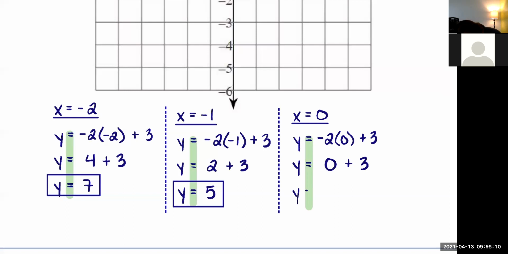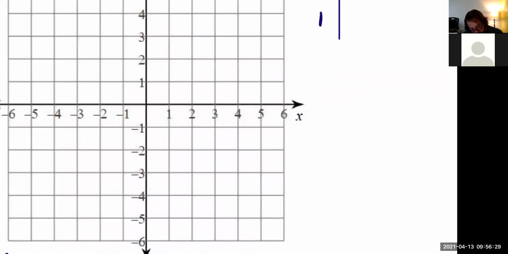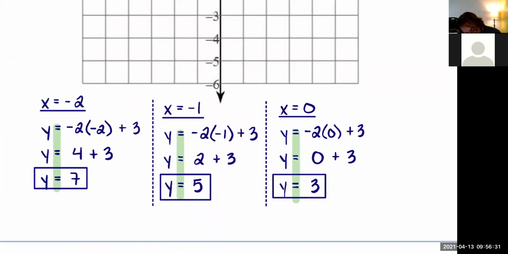And 0 plus 3 gives me 3. So still the same equation. When you plug in a 0, you get a 3 in return. So on my table, I'm going to pair the 3 with the 0, just so it, again, serves my memory.